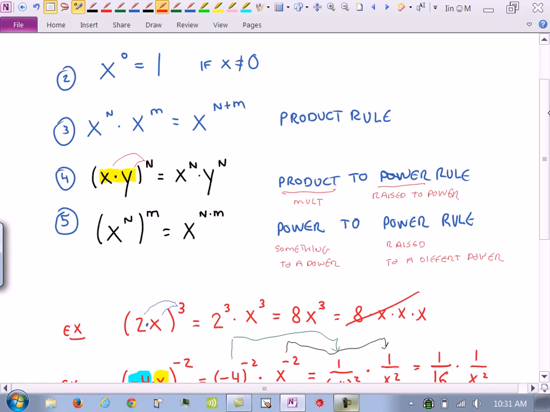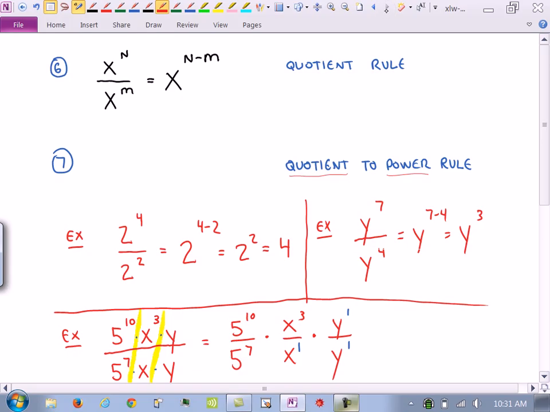So property 4 was product to power. That was where we had 2 things inside there being multiplied. What did we do? We applied the power to each one, didn't we? Well, it turns out that with the quotient to power rule, it's exactly the same. If you take a quotient or a fraction and you raise it to a power n, then all you do is apply the n to both the top and the bottom.